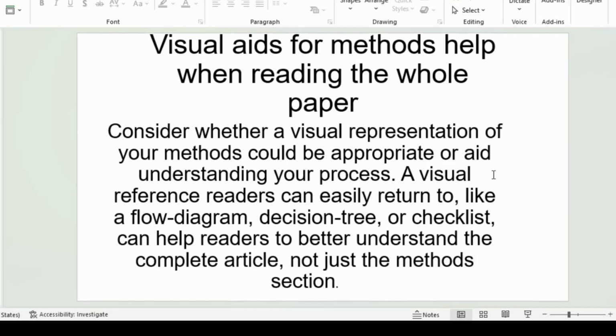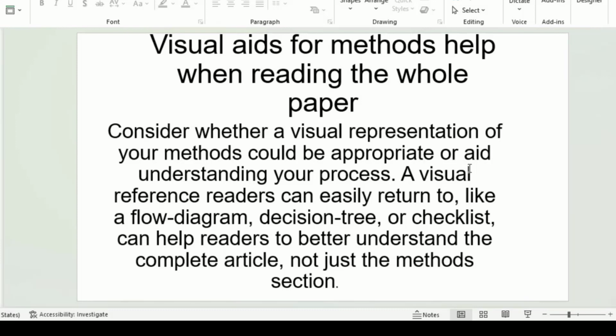When you study, some people will say, I prefer to have my things written in a certain way. They throw their mind onto a paper, but when you look at the paper, you don't understand it. But the person who is doing that understands what they are doing, like a flow diagram, like a decision tree or a checklist. It helps you.